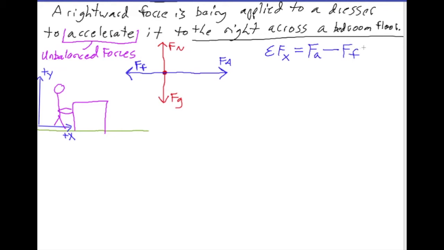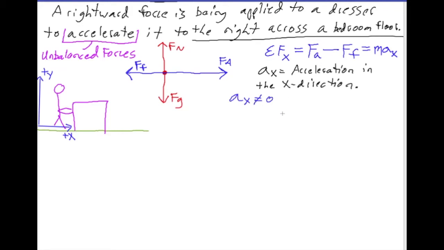And then we're going to go ahead and set that equal to mass times acceleration. And again, I'm going to put a subscript on acceleration here because it's only the acceleration in the x direction. We know that the acceleration in the x direction is not equal to 0 because it tells us that we're accelerating in our problem.